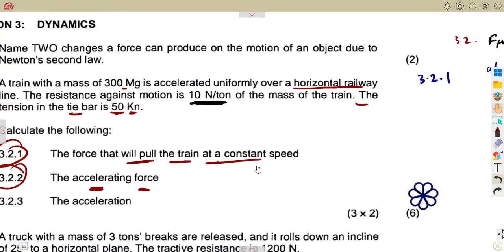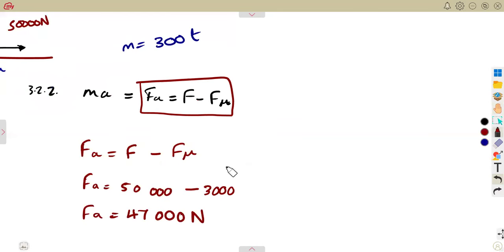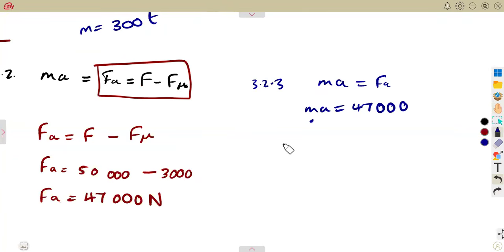Remember, this is taken from MA, and our MA is equal to FA, which we calculated here. For 3.23, it means our MA is equal to 47,000, which is our FA. Given the mass in kilograms, we've got the mass of 300,000 kilograms there.